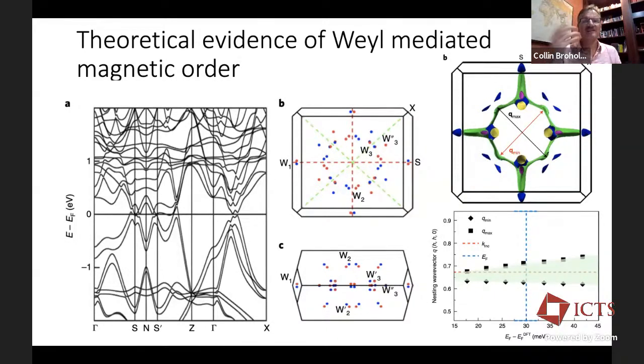So we think that there's theoretical evidence that the magnetic order that we observe is actually mediated by Weyl fermions, because that's the character of the quasi-particles that are associated with those parts of the Fermi surface.